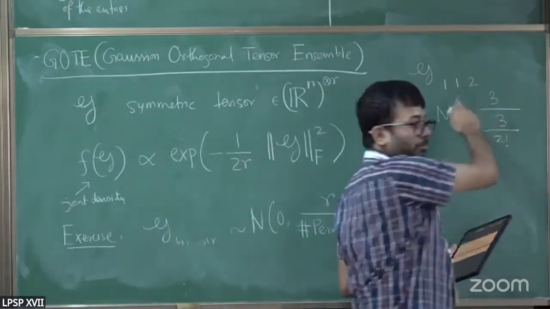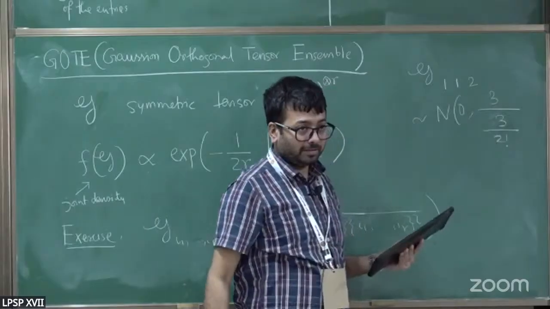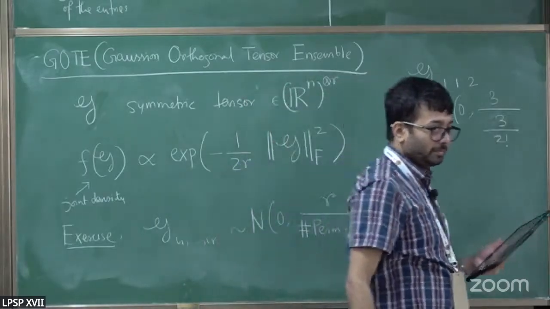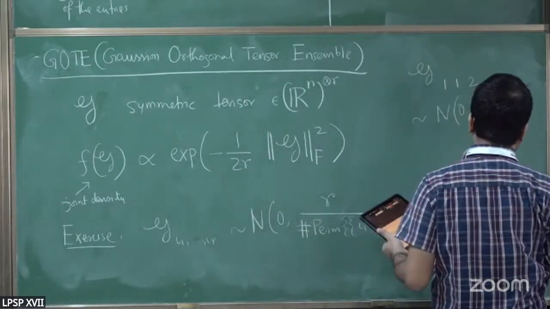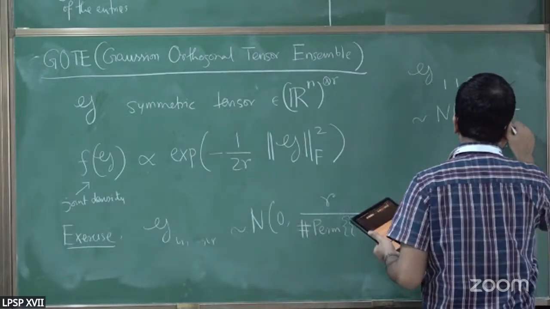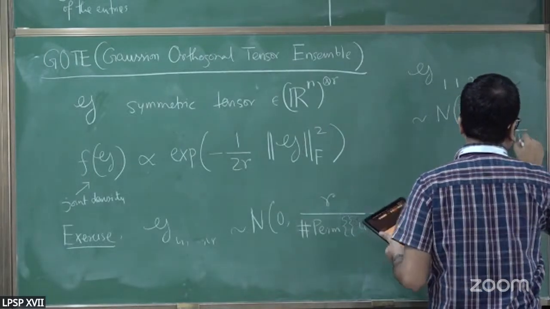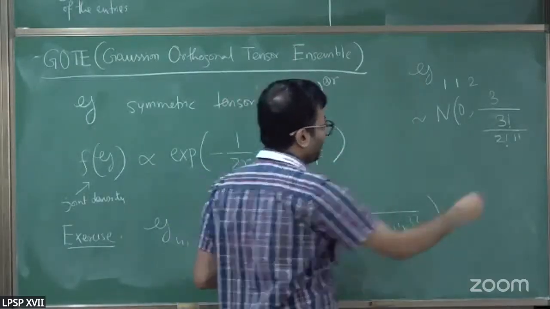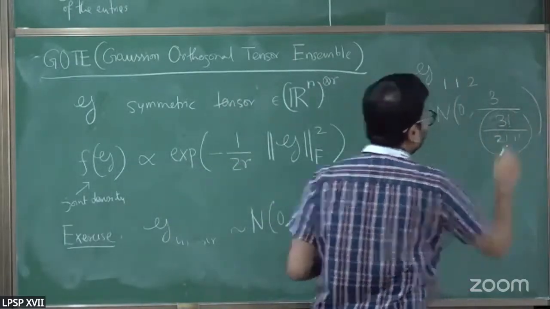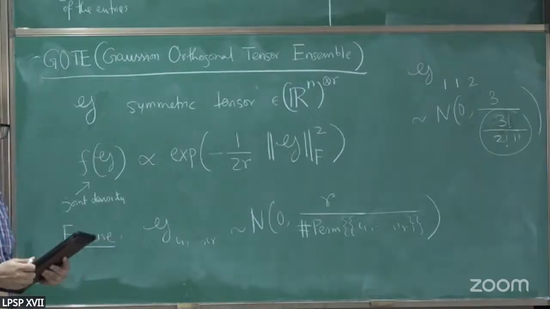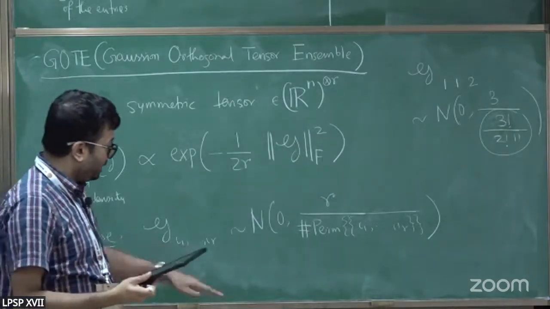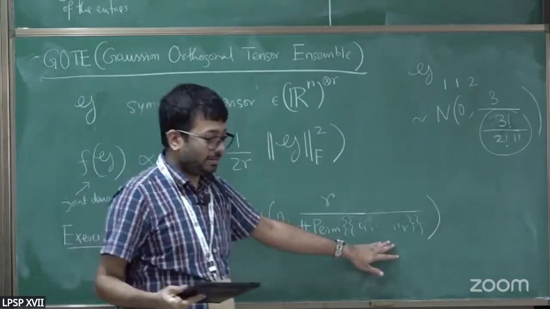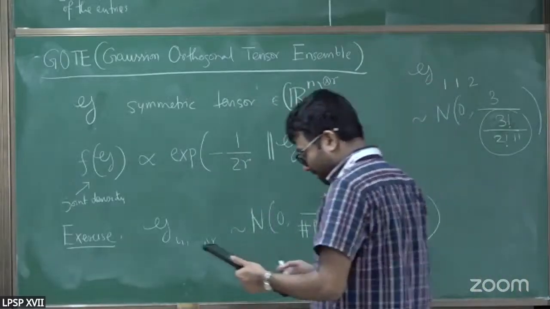So for 1, 1, 2, two of them are equal. 3 factorial over 2 factorial, sorry, I missed the factorial sign. Okay. So in general, this is the covariance. I just try to work it out.